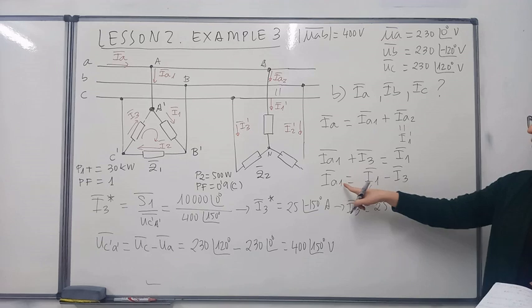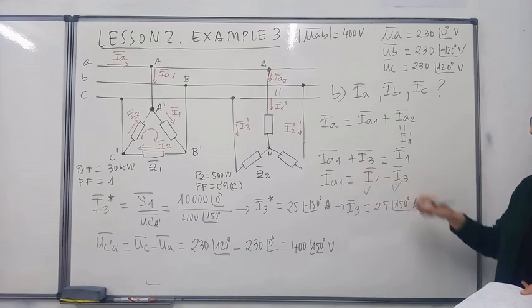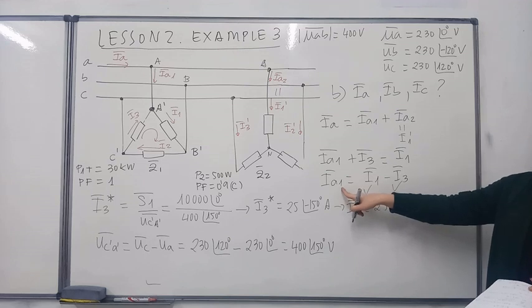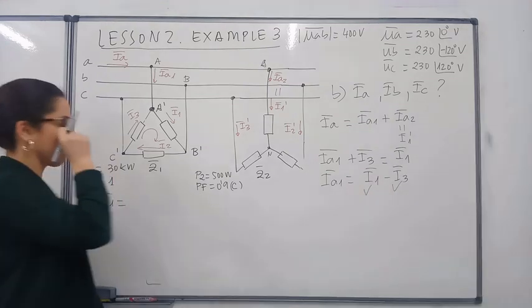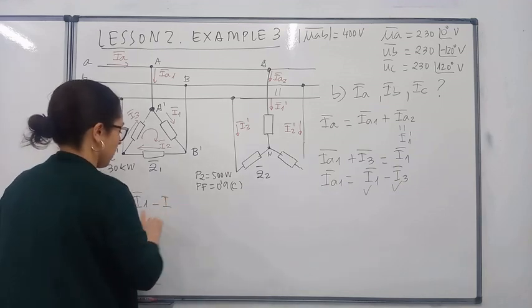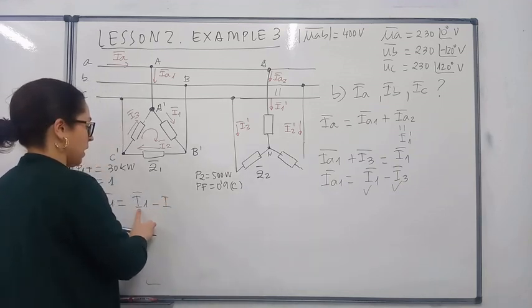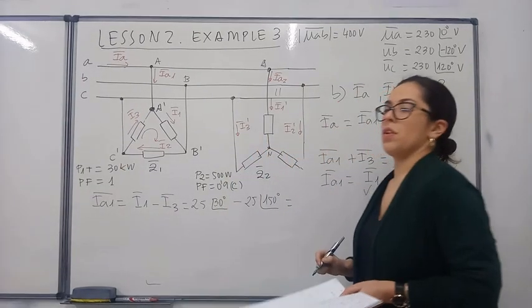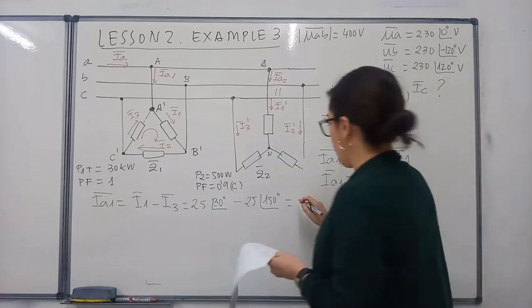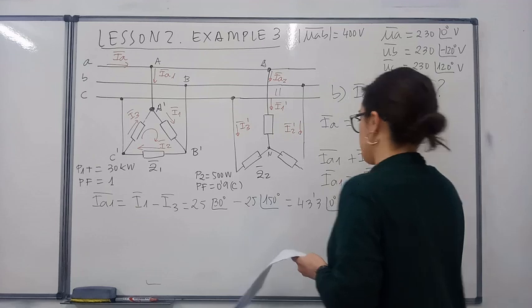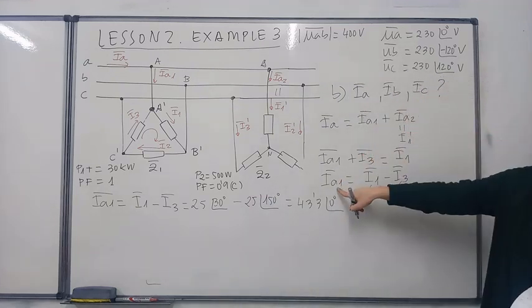So now we have current 1 and current 3. Then we can get the value of current A1. Current A1 is the difference between current I1 and current I3. That gives a result of 43.30 at some angle in amps. So now we have current A1.